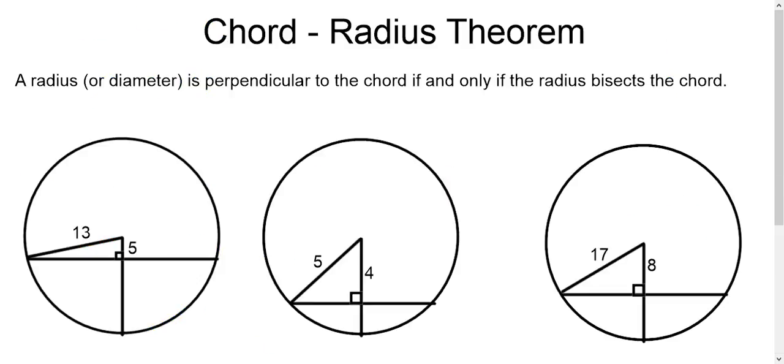So there's a special relationship with a chord and a radius. And if you just extend the radius all the way across, it becomes a diameter. That's why I said a radius or diameter. Usually you'll just see it as a radius then.